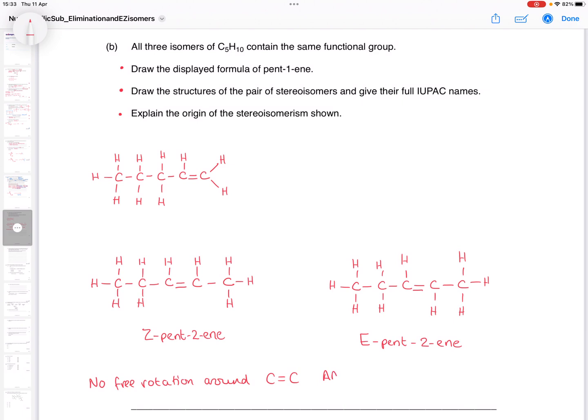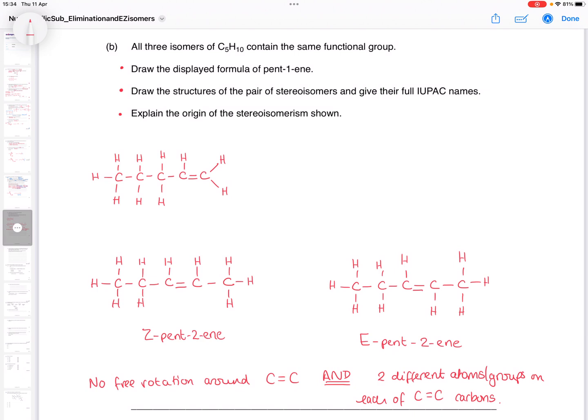And that's always the case for an alkene, but there must be two different atoms or groups on each of the carbon-carbon double bond carbons. You need both of those things to be able to have E and Z, because you always have no free rotation around the carbon-carbon double bond. You can never rotate around that.